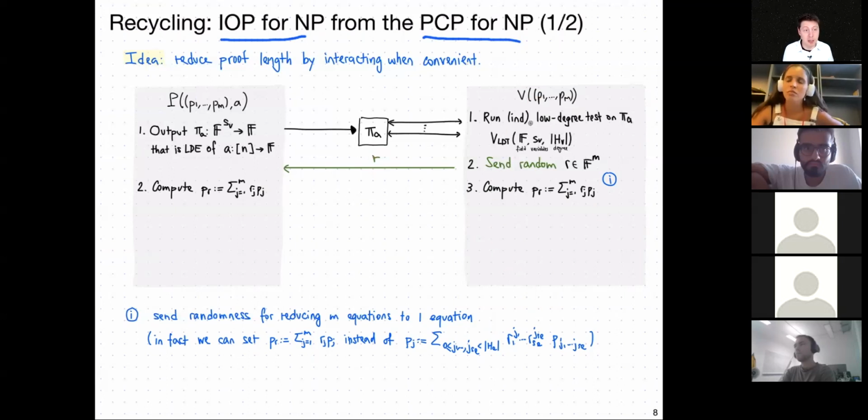It was anyways working in time that is linear in M. If you are concerned about the verifier running in time that is sublinear in M, then you may have done something slightly different here, but that's a smaller point. For this verifier, it's completely legit to say, here's a bunch of randomness, and don't bother me with complicated bundling.